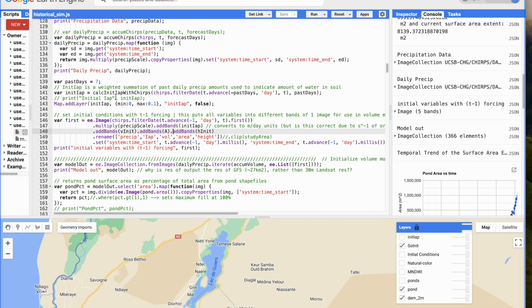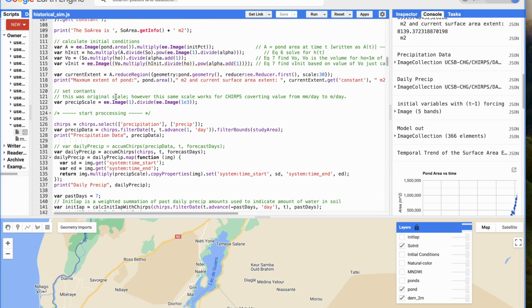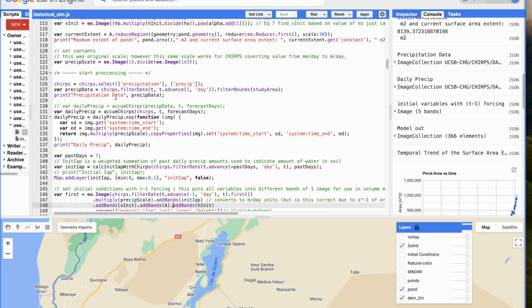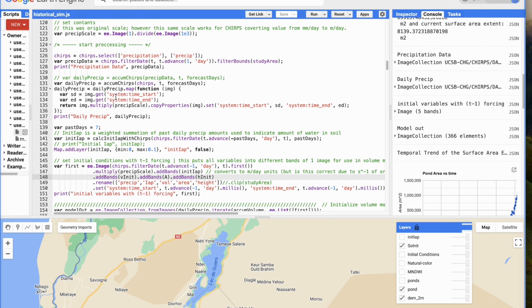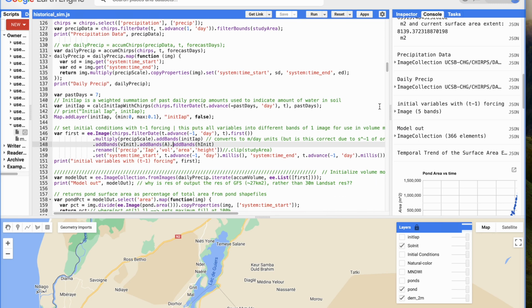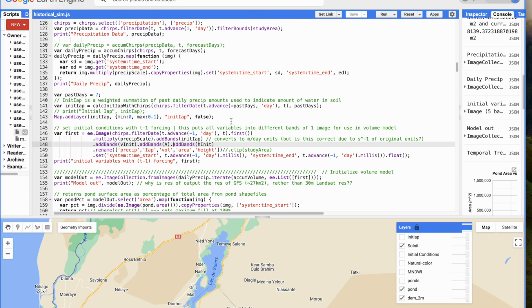Okay, so now we have these initial conditions that go into our model, which we can then use, depending on how much rainfall it's getting, to calculate the other days. And this is where it uses this initial condition to calculate the amount of forcing initially.